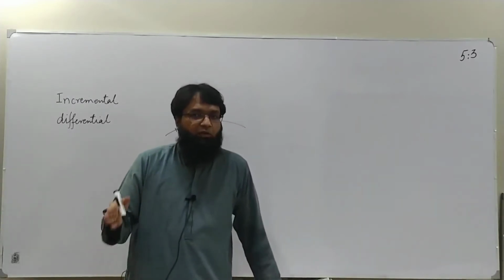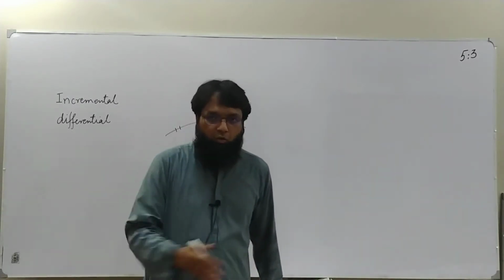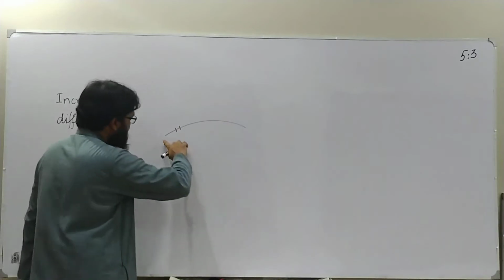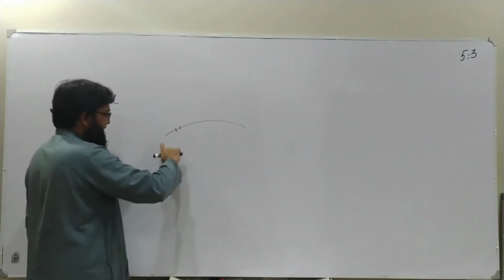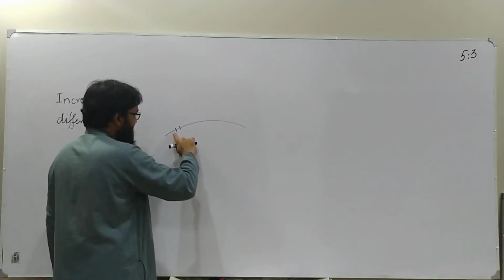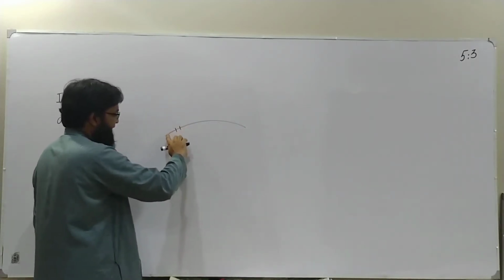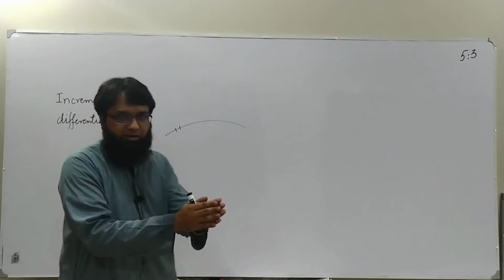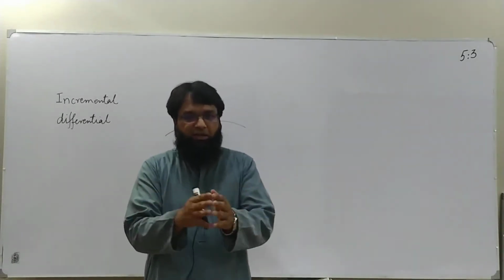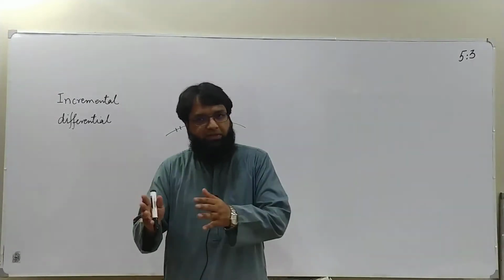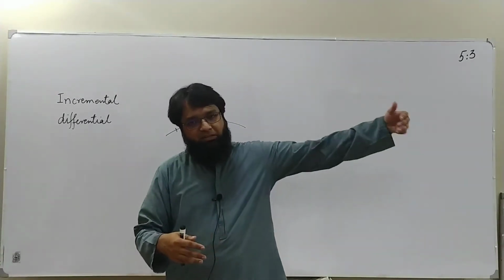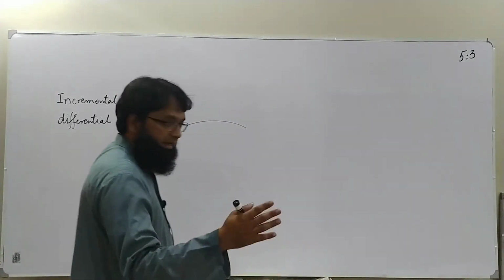So something which has no height, no width, no depth can never define a length. Never mind how many points I put together, they will never add up to something finite. So 0 plus 0 plus 0, up till infinity, you will get 0.